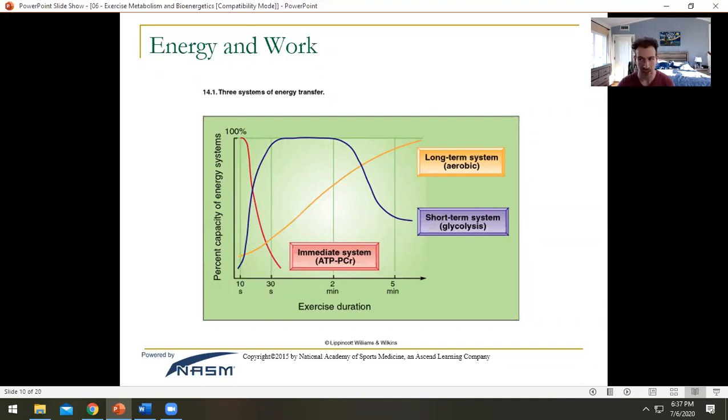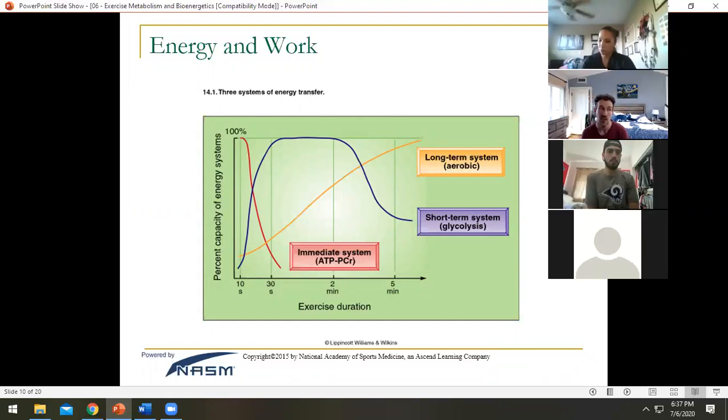Glycolysis is very similar to the ATP-PC system in that it produces ATP pretty rapidly as well, although it's not super fast. It still needs a little bit of time because it's taking place in that lack of oxygen environment. That glucose needs time to ferment.